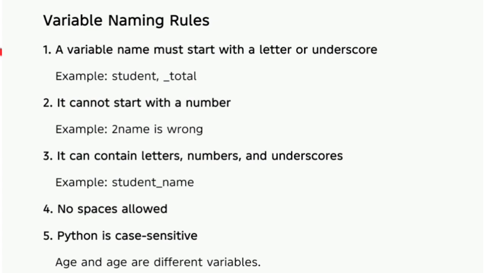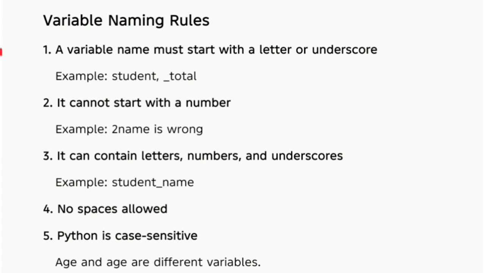Rule number 4, no spaces are allowed. So as a programmer, you are not allowed to leave blank space within a variable name. Instead of leaving empty space within a variable name, you should use underscore.